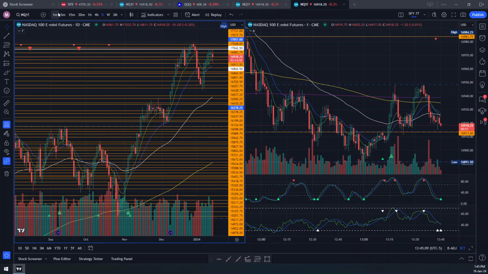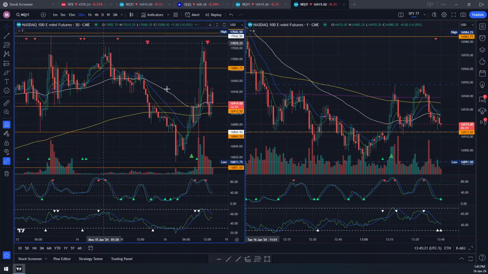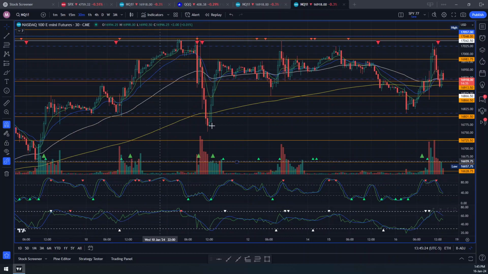The yellow is from 30 minutes. These are from 30-minute charts. I think it will be easier for you to see where the orange is coming from. It's here.